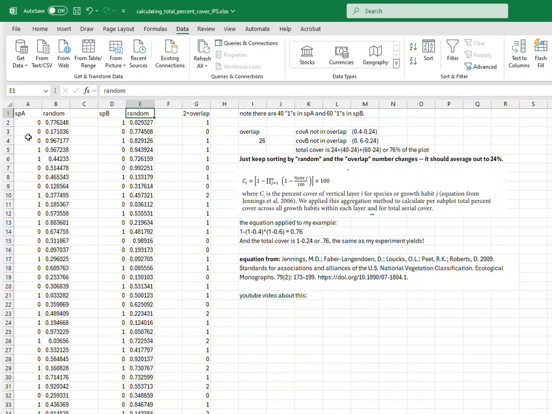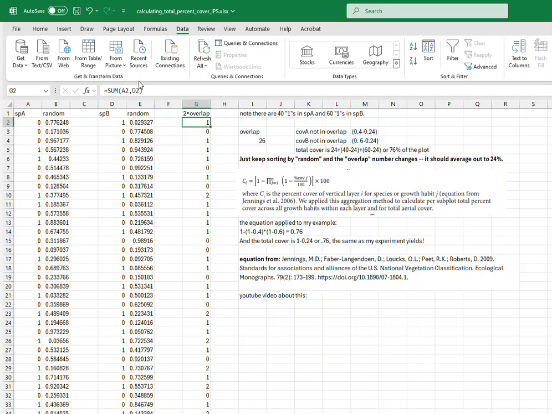Those 40 ones for species A get distributed randomly all along the transect, and in the same transect, species B gets randomly distributed. What that's simulating is that species A and species B can occur anywhere in the transect given their percent covers, and it doesn't matter if species A or species B is already there. It could still occur there. So there's going to be overlap.